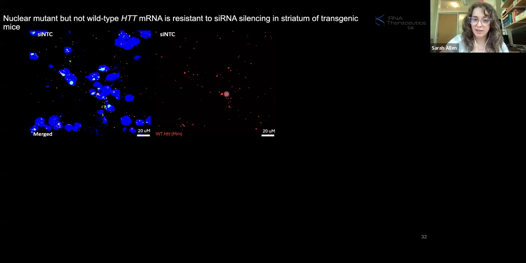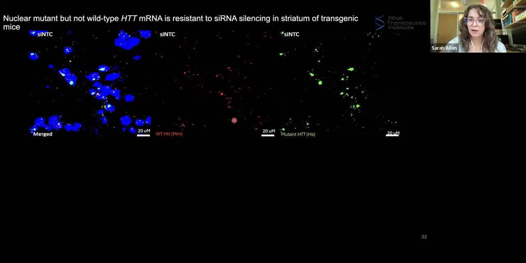So you don't really see much clustering, and you see a relatively even distribution between the nucleus and the cytoplasm. When we look at the human mutant Huntingtin, we see these really strong clusters within the nucleus, and we see a slightly greater distribution of transcripts in the nucleus compared to the cytoplasm.